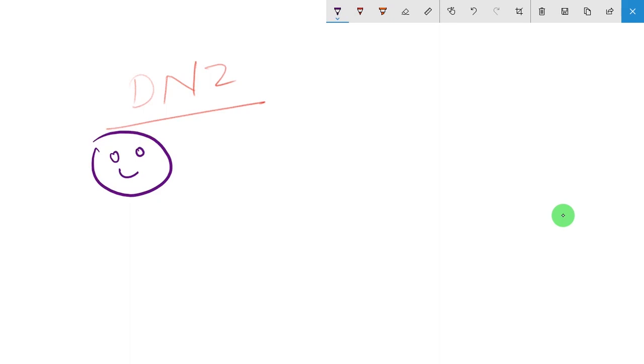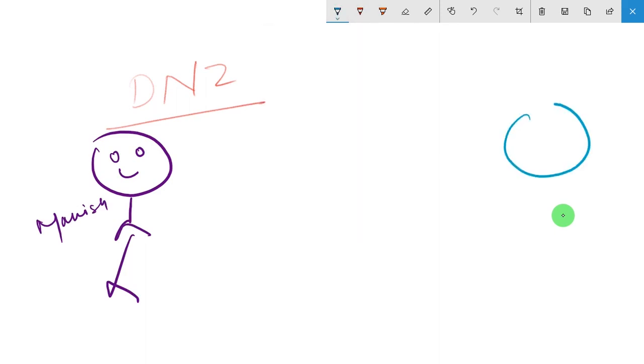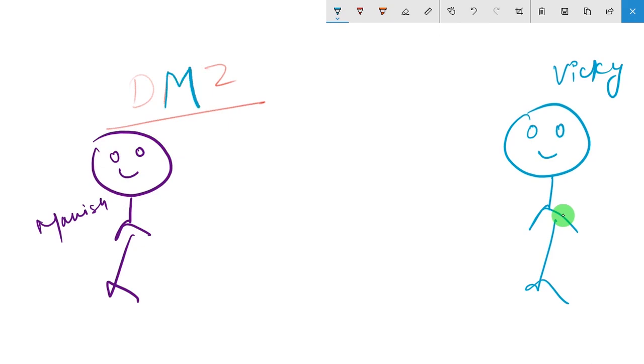DMZ, demilitarized zone. Okay, there is a guy whose name is Manish and he's a hacker. Again there is a guy whose name is Vicky. He is a hacker too, and both of them are running their firms.